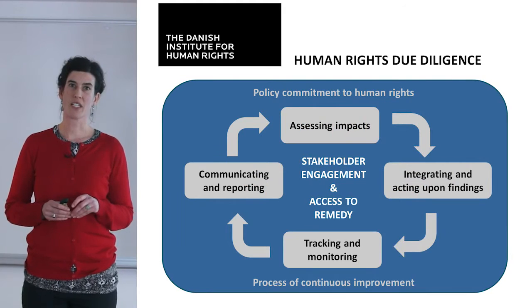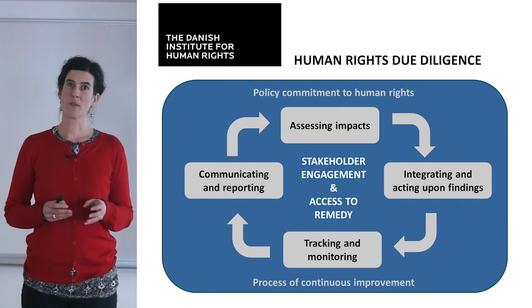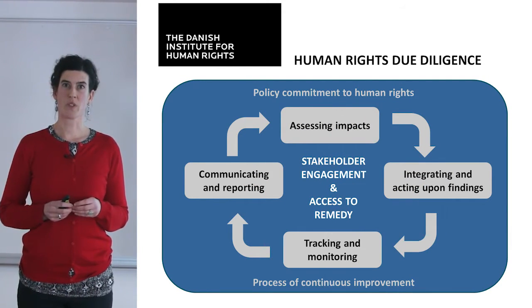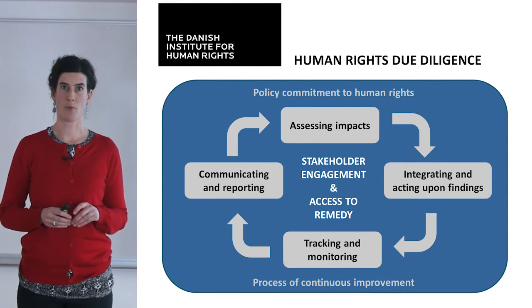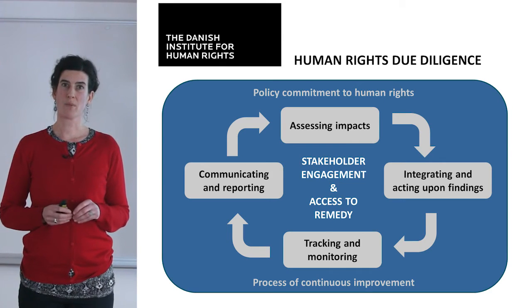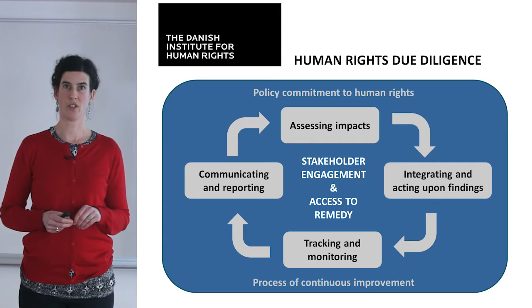In terms of the expectations of companies, broadly speaking, the UN Guiding Principles set an expectation that businesses respect human rights throughout their operations. And they are expected to do this by implementing a process of human rights due diligence.